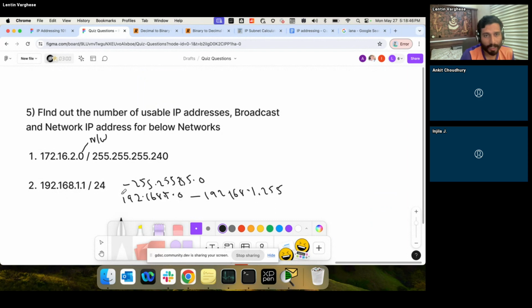So anytime you see an IP, you will see IP address with the CIDR notation like this, not like this. With the CIDR notation, you should calculate the subnet mask, and with this, you should be able to calculate the block size.